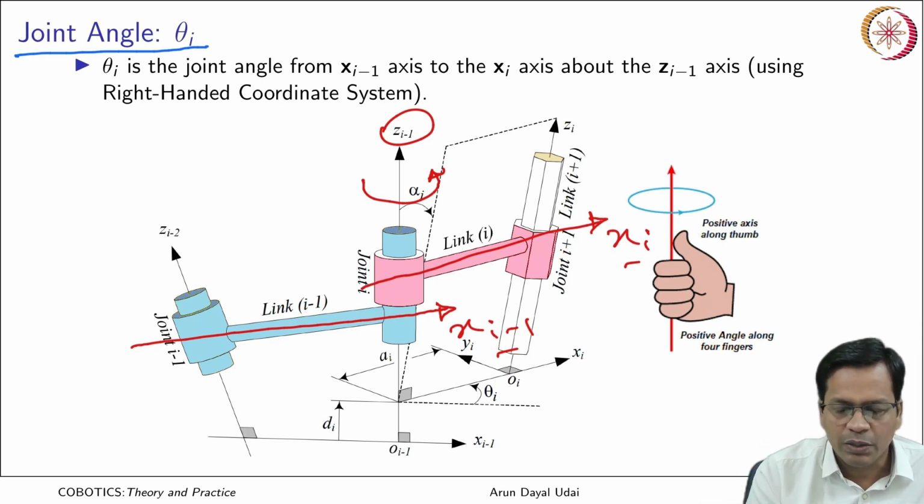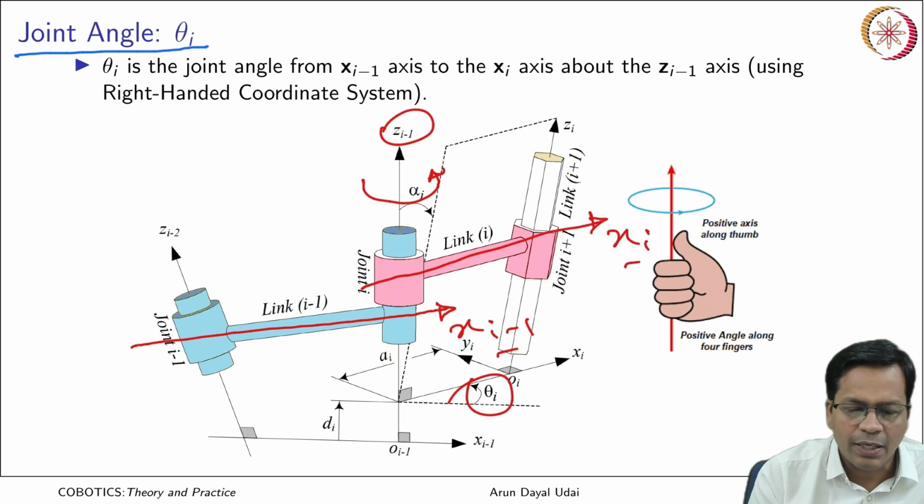That gives you the joint angle. When you look from the top, the projection of that is the angle theta i.